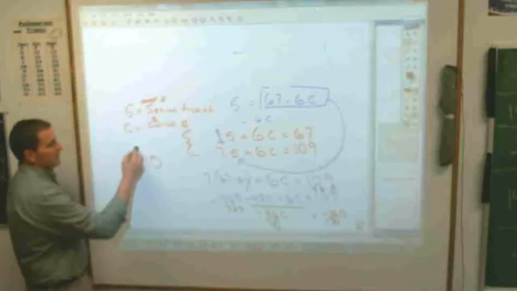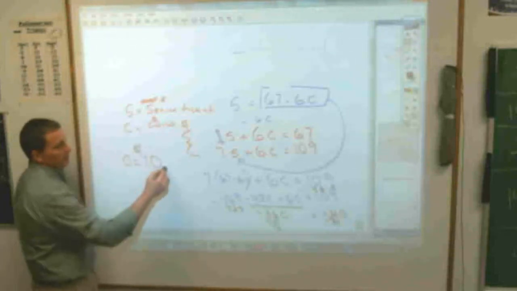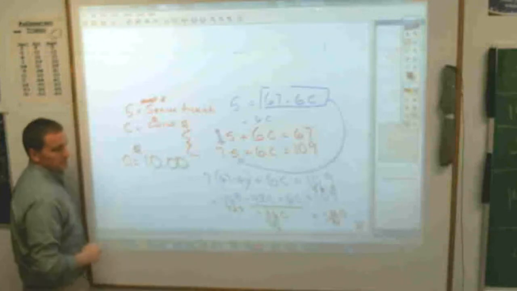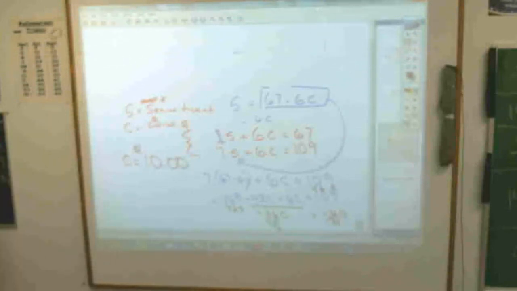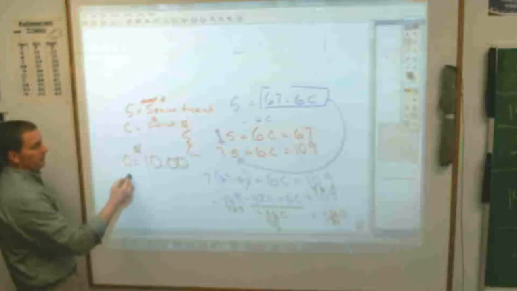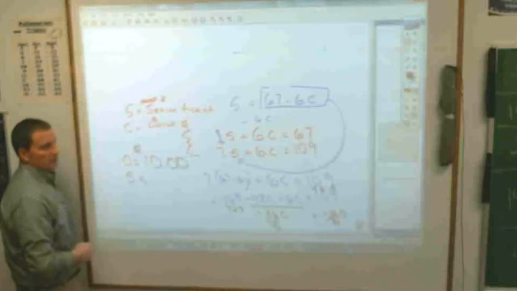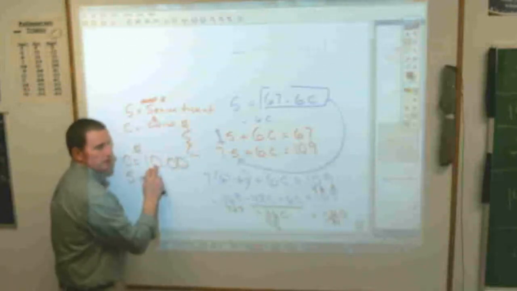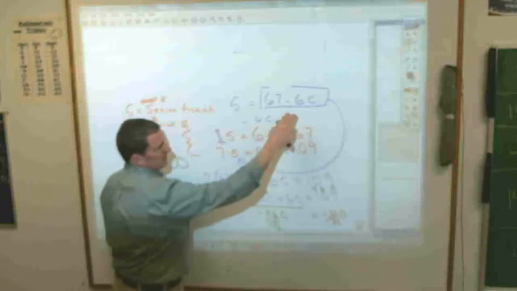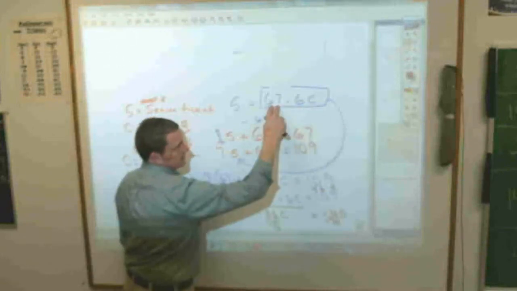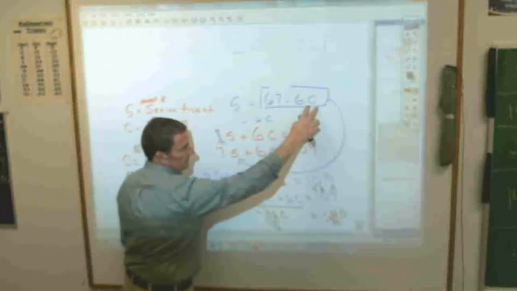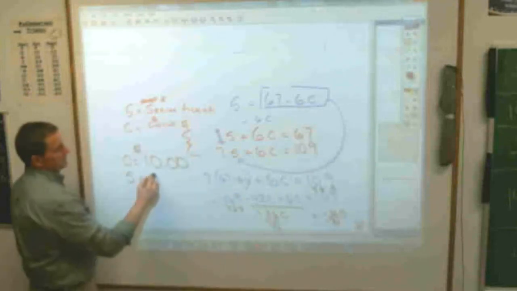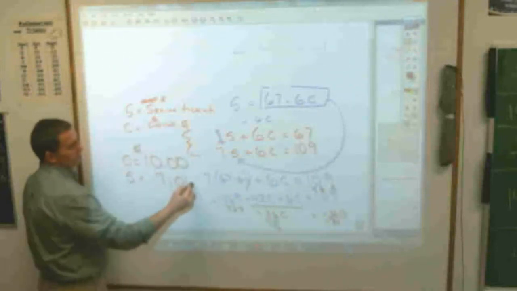Each child's ticket is 10 bucks. And then I need to figure out how much a senior citizen ticket costs. Well, I take my $10 and put it in right here. 67 minus 60, a senior citizen ticket costs $7.